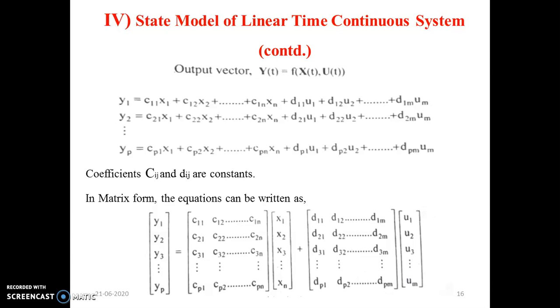Similarly, we can define the outputs till p output variables. For the second output variable, we can write the equation in the combination of state variables as well as the inputs. Similarly, it can be extended till p output variables.